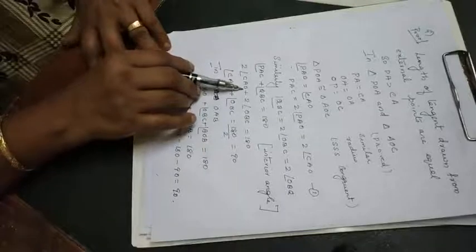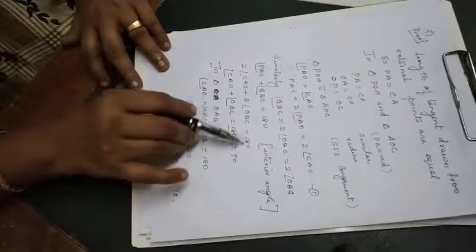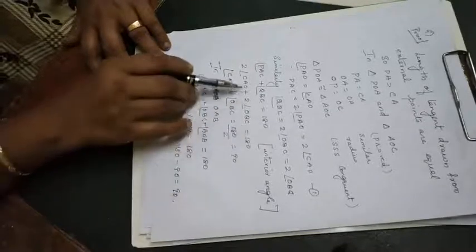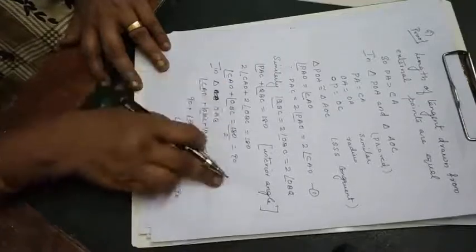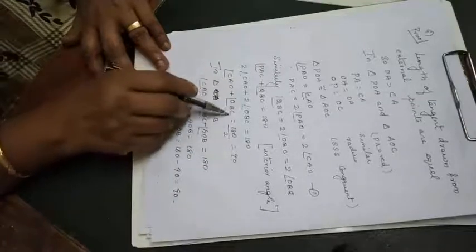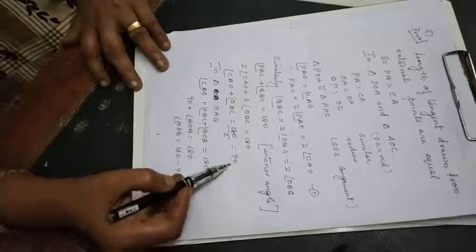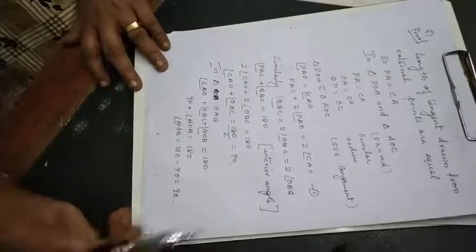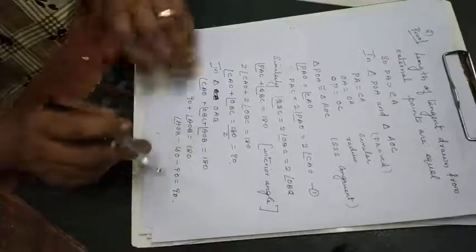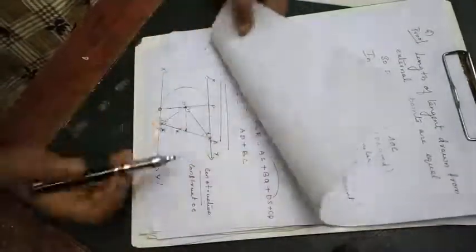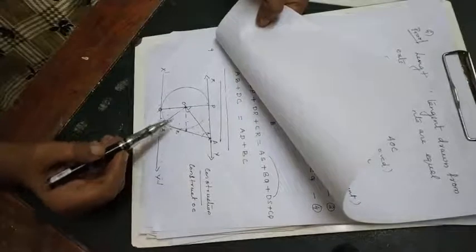So 2 times CAO plus 2 times OBC will be equal to 180. So CAO plus OBC will be equal to 180 divided by 2, that is equal to 90. Okay. Now in the triangle OAB, what is this one?